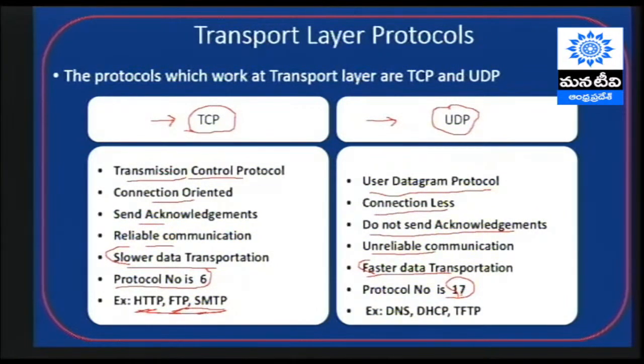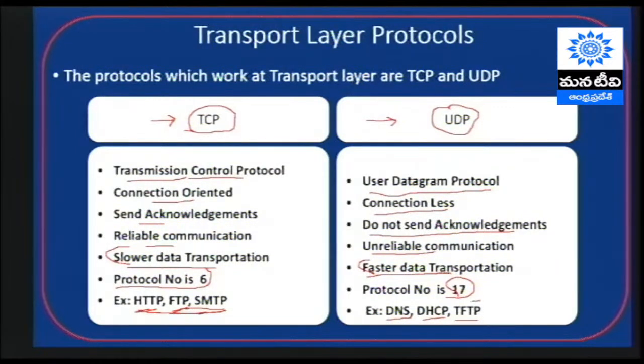We discussed port numbers a little while ago. Port numbers are allocated by the transport layer, whereas protocol numbers are allocated by the network layer. Examples of applications that use UDP for transport are DNS, Domain Naming System, DHCP, Dynamic Host Configuration Protocol, and TFTP.